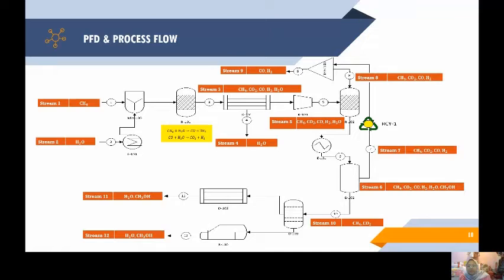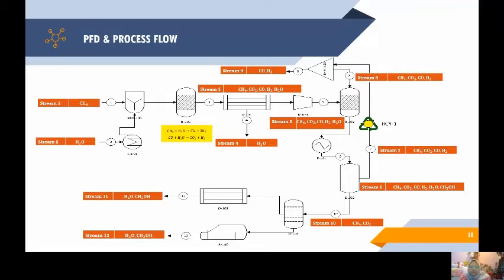And in stream 7, where the components are mainly carbon monoxide as well as hydrogen, it is recycled back into the splitter, and 10% of the components in stream 7 will go to purge, and the remaining 90% will be recycled back as represented in stream 8 into the methanol synthesis reactor.